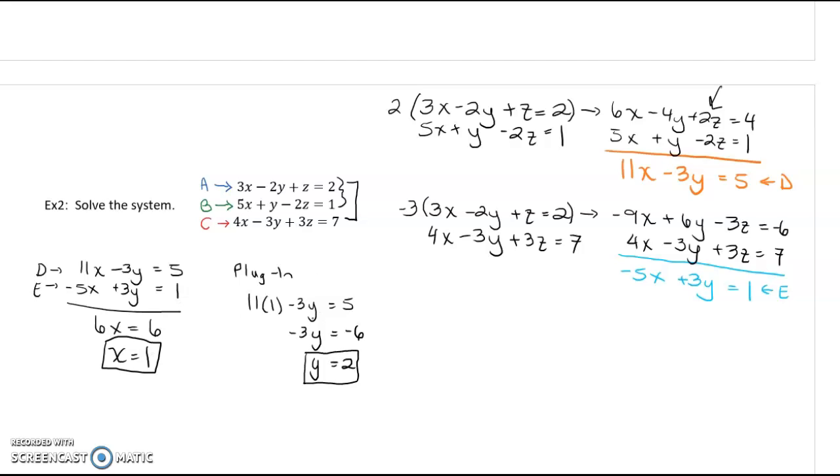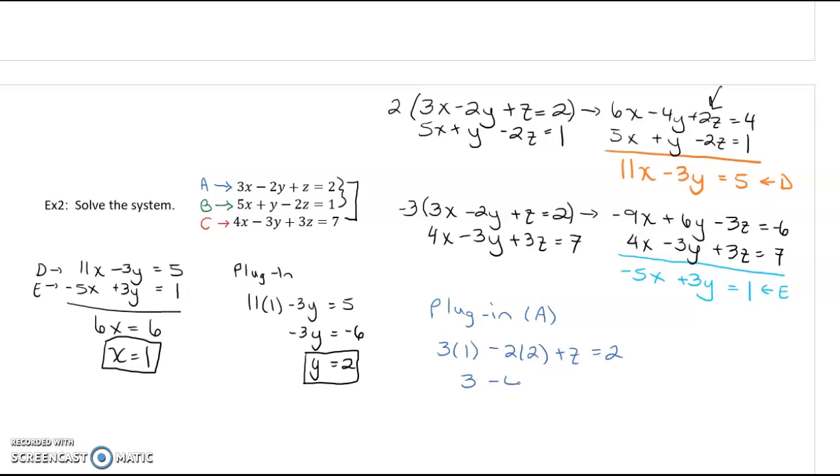Now that I have 2 of my answers and I just need a third answer, now I can go back to one of my original equations. So maybe I'll pick equation A to plug in now that I have 2 out of 3. So I'm going to plug into A this time. So 3 times 1 minus 2 times 2 plus z equals 2.